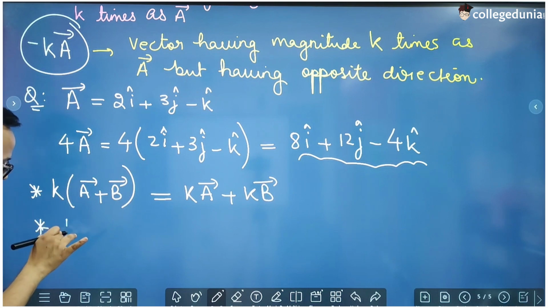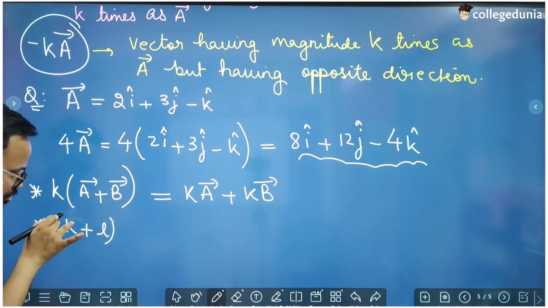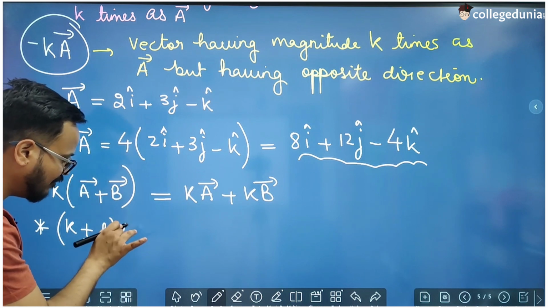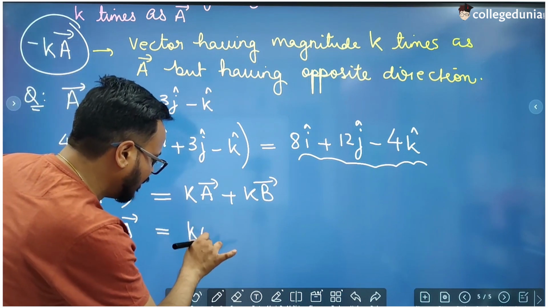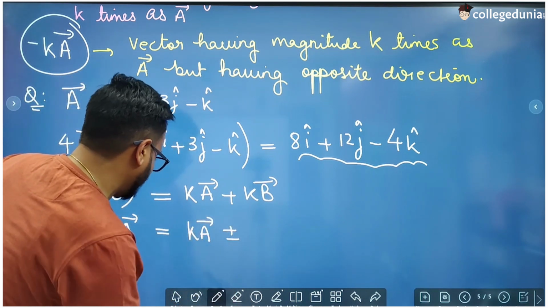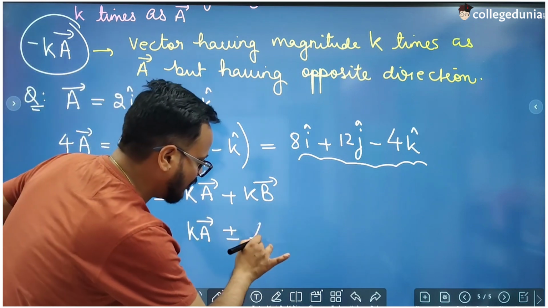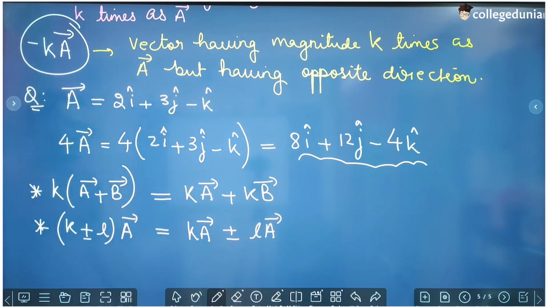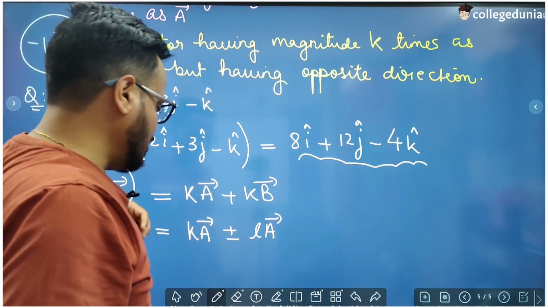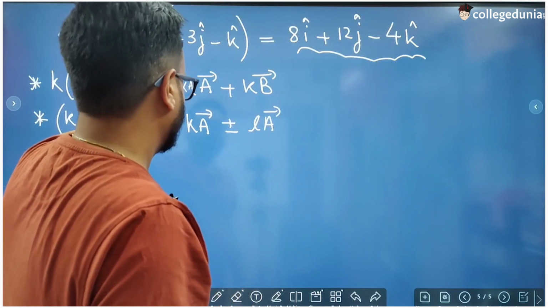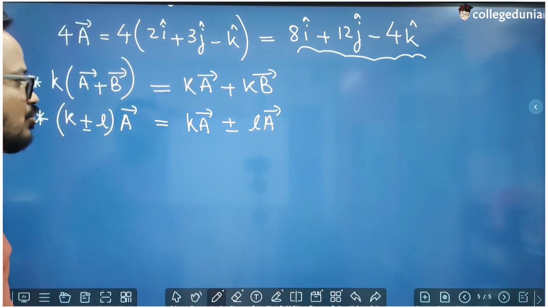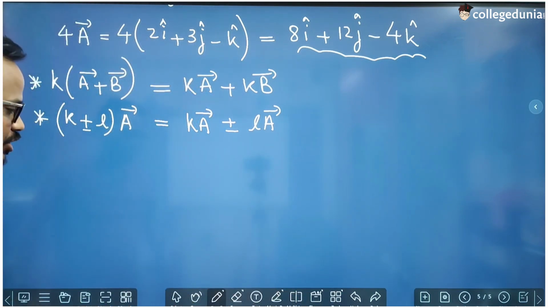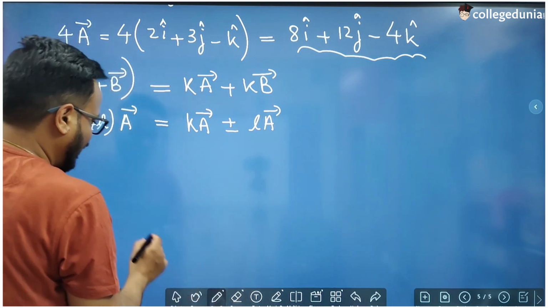Second property: if you are multiplying two scalars, k plus or minus l, with a vector A, then you will simply open this bracket and multiply A with k, put the plus or minus sign that was between the scalars, and then multiply A with the other scalar, right? So this is an important property in vectors when we have to change just the magnitude or reverse the direction of a vector.